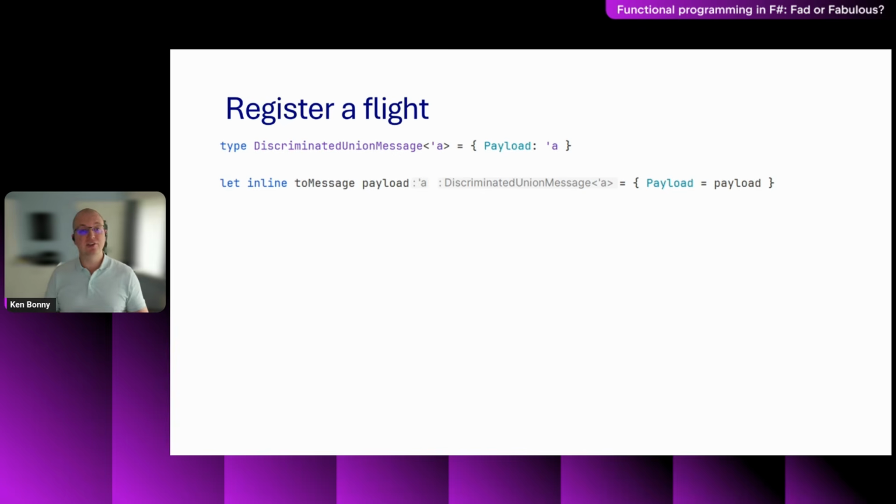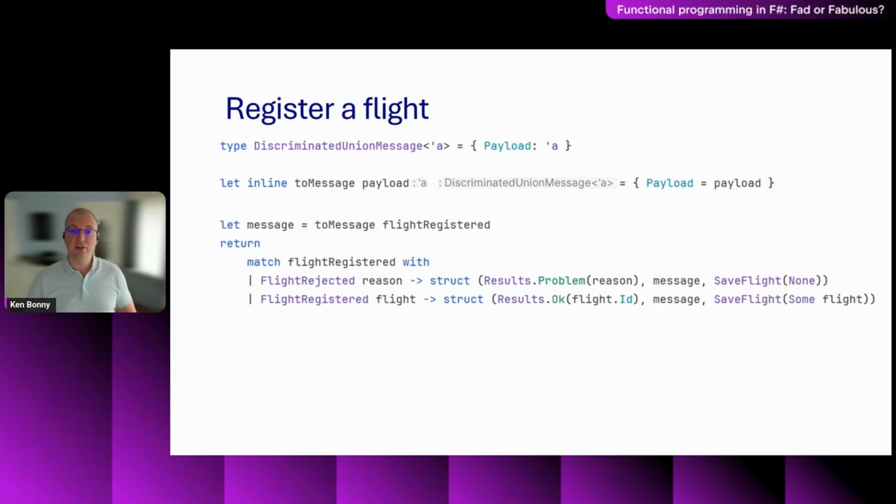And then I've created a special function called toMessage, which takes the discriminated union and just places it inside of the envelope. This is to make this kind of code very easy to read, because we're taking our discriminated union, putting it in the envelope, and then passing it on to our message bus.